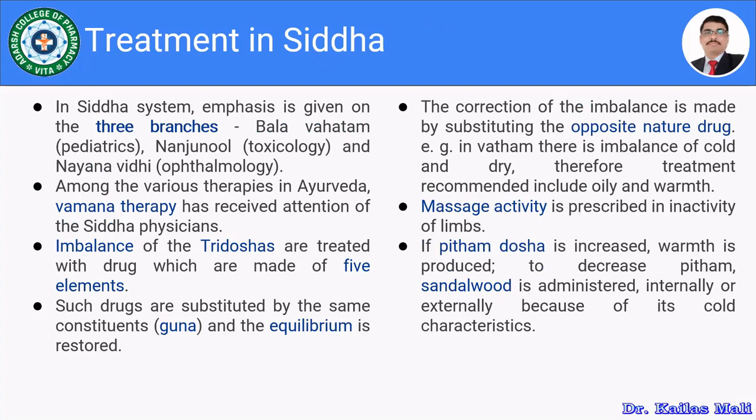Let us see the treatment in the Siddha system of medicine. The emphasis is given to three branches. There are many other branches, but the three main ones are Bala Vagatam, pediatrics, Nanjunool, toxicology, and Nayanavidhi, ophthalmology.